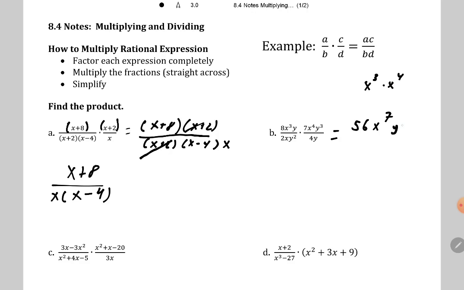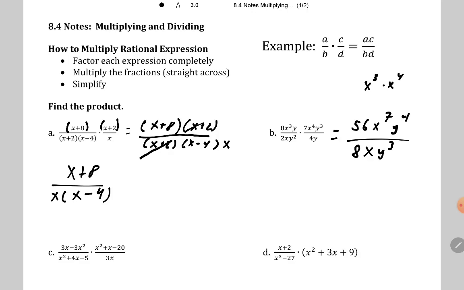So this would be y to the first times y to the cubed is y to the 1 plus 3, which is 4. And then at the bottom we have 2 times 4, which is 8. X times nothing. And then y squared times y is y cubed.